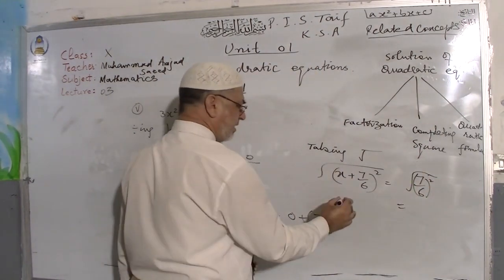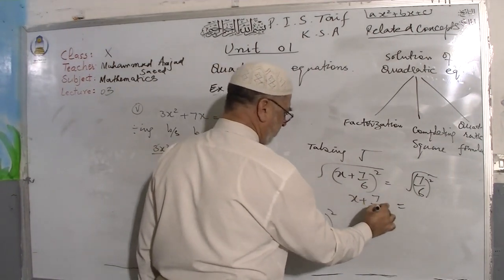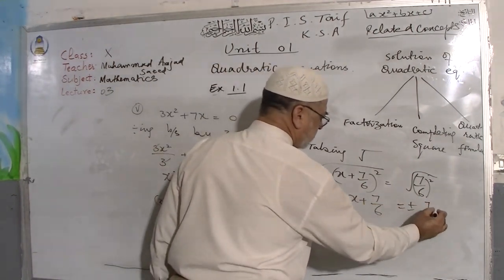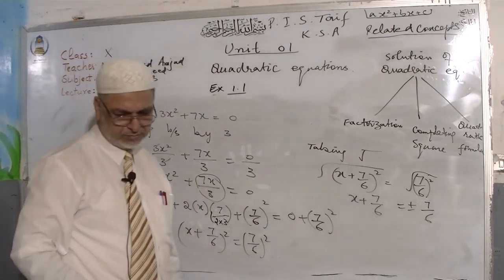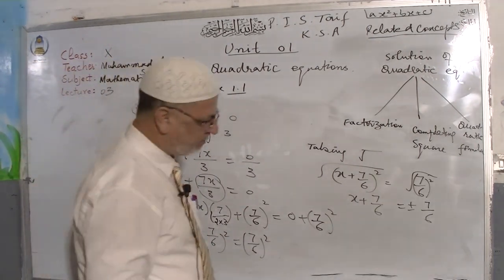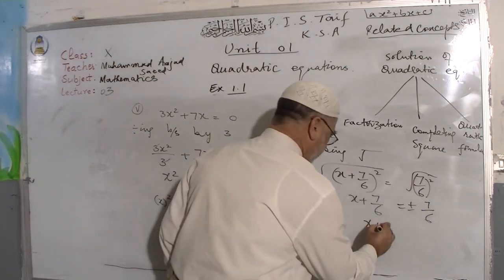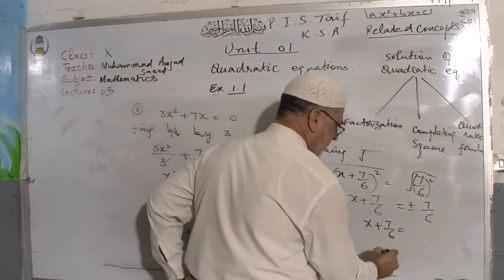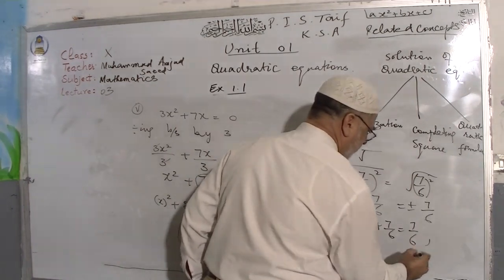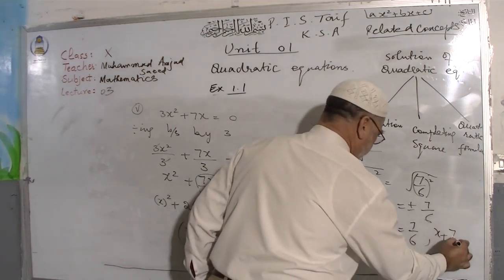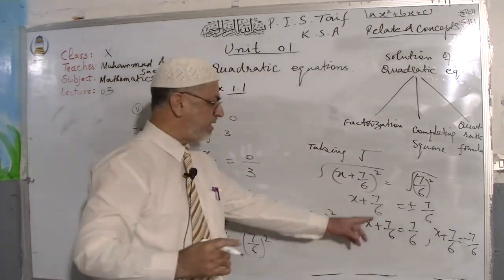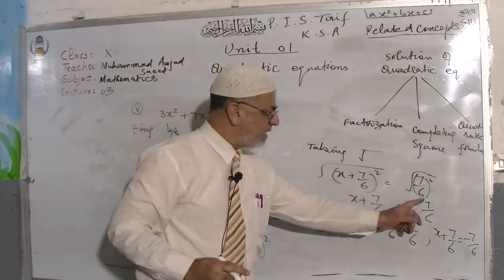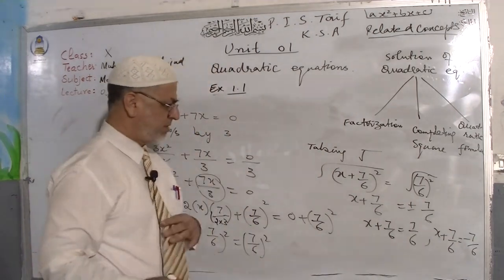Square and square root cancelled out. X plus 7 over 6 is equal to plus minus 7 over 6. Here you have x plus 7 over 6 is equal to plus 7 over 6, and x plus 7 over 6 is equal to minus 7 over 6. Remember that once positive, once negative, you have written that.